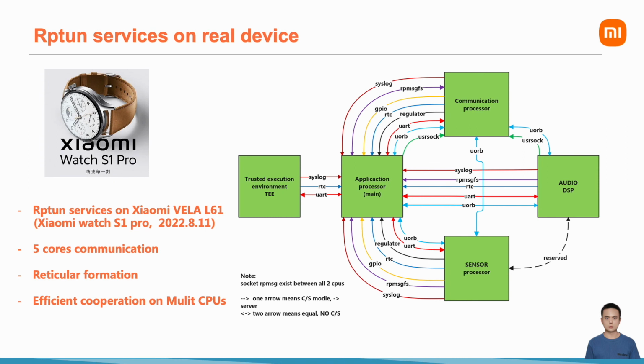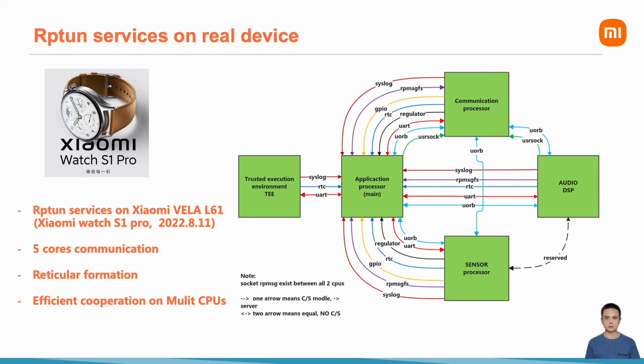Rptun service on Xiaomi Vela, Xiaomi Watch S1 Pro, 5 cores communication. Let's see the map. This is the communication processor. This is the audio DSP, sensor processor, application processor, and trusted execution environment called TEE.